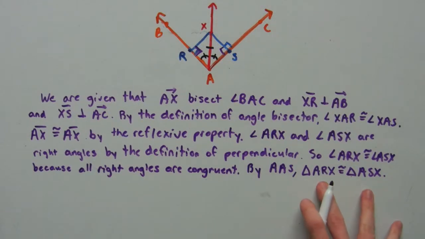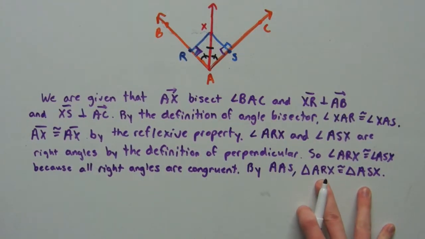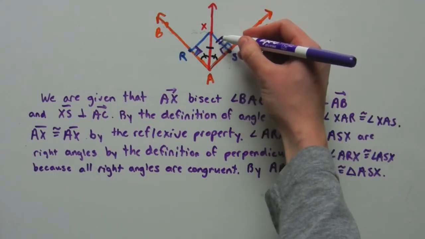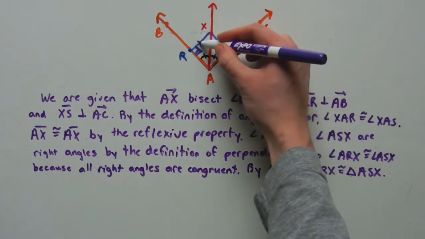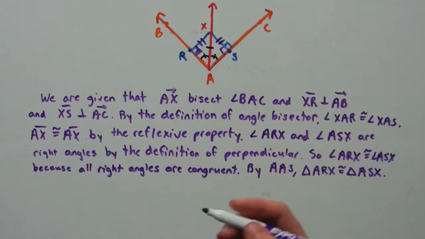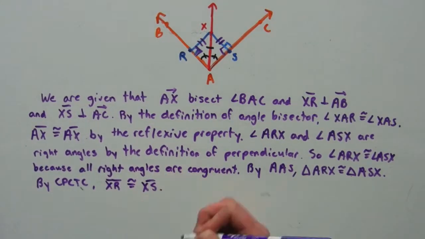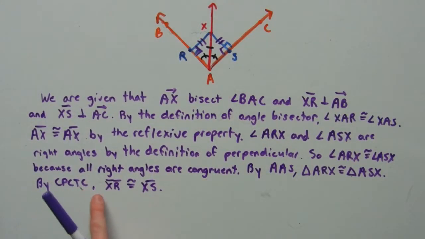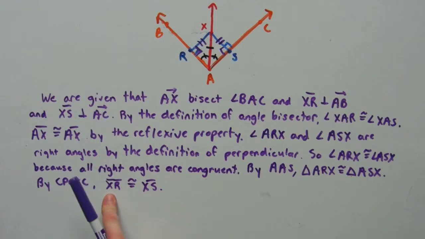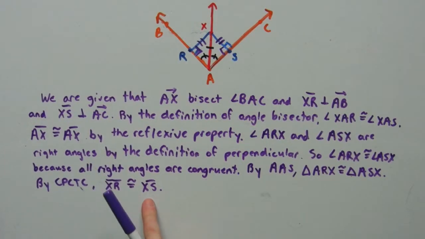And we know that if two triangles are congruent, by CPCTC, corresponding parts of congruent triangles are congruent, then side XS is congruent to side XR. By CPCTC, the segment XR is congruent to the segment XS.